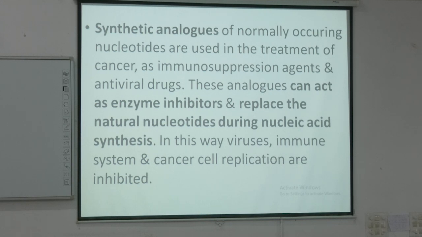Like that, allopurinol also. What is the role of allopurinol? That is very important, in the case of hyperuricemia and gout. What is hyperuricemia? That means the level of uric acid will be increased in blood.